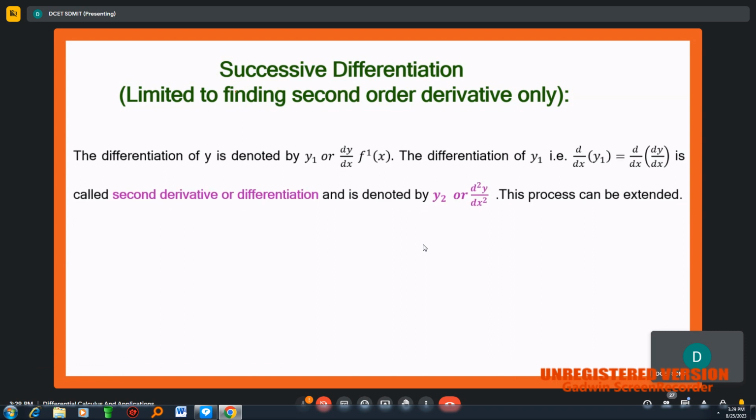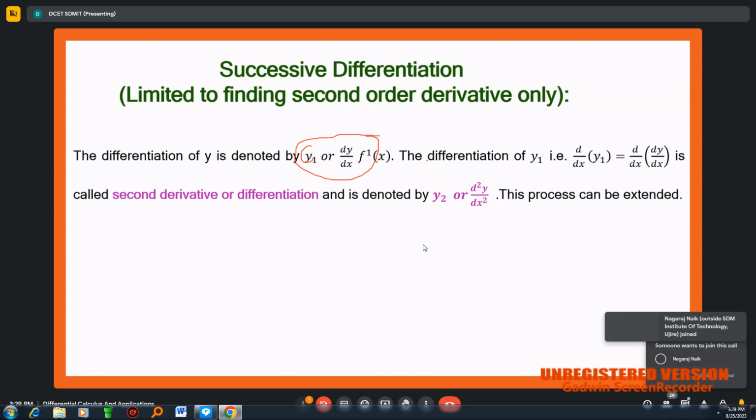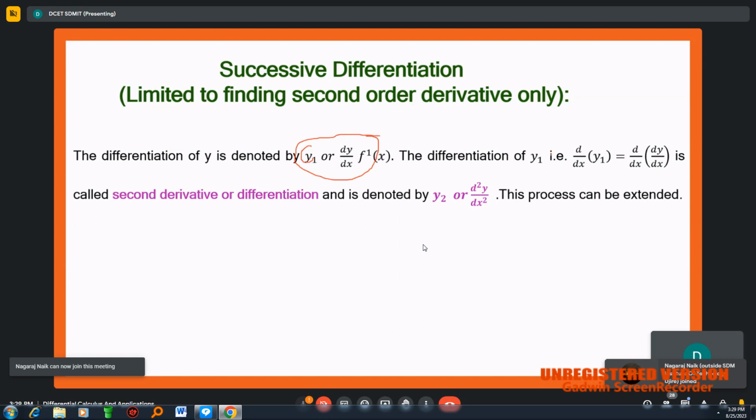The differentiation of y is denoted by y1 or dy by dx or f dash of x. This is the first order derivative. Differentiation of the first order derivative is the second order derivative. Differentiation of y1 is the second order derivative, that is d by dx of y1, which is equal to d by dx of dy by dx.